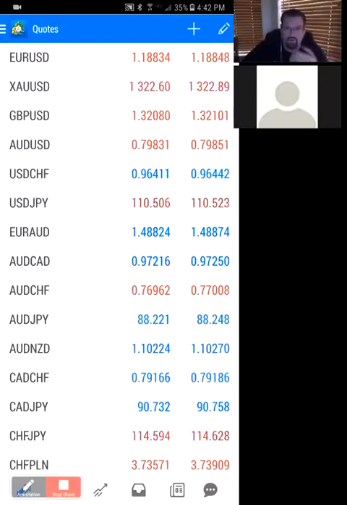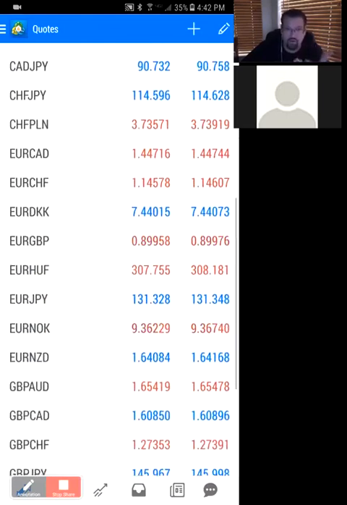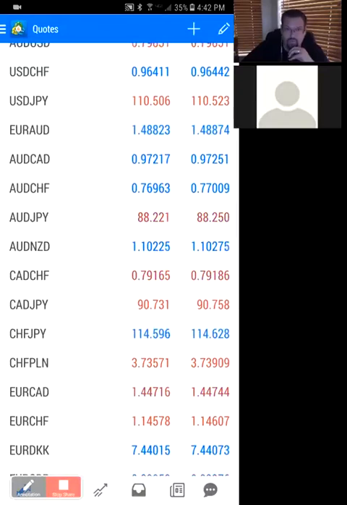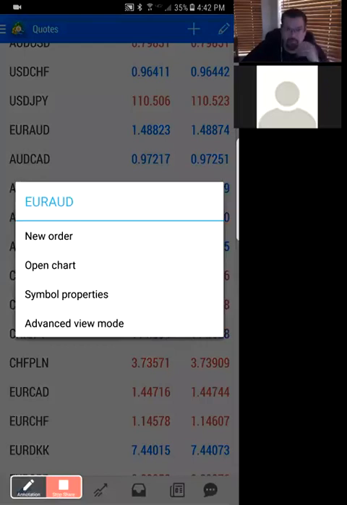Just scroll down the page now until you find the euro odd. Isn't that what it was right there? Yep, right there. Click on that, and you have to put in a new order.